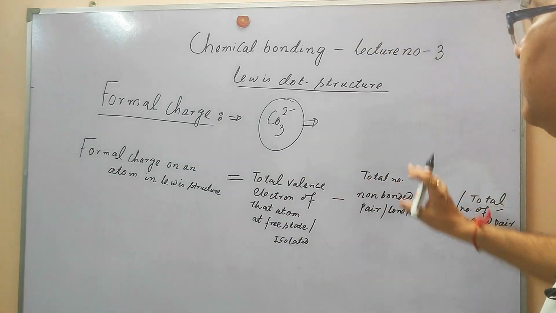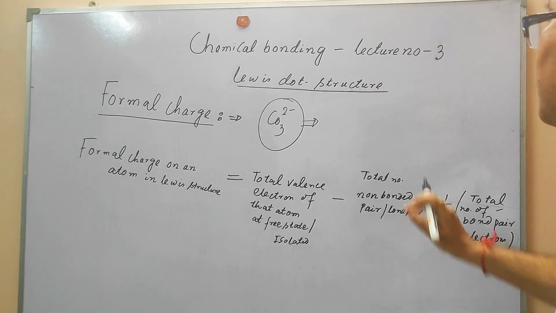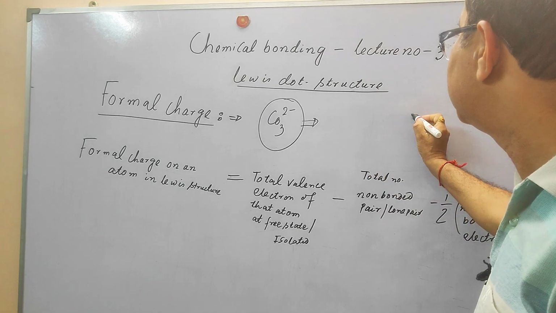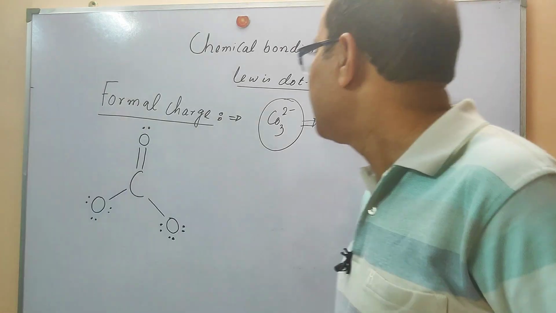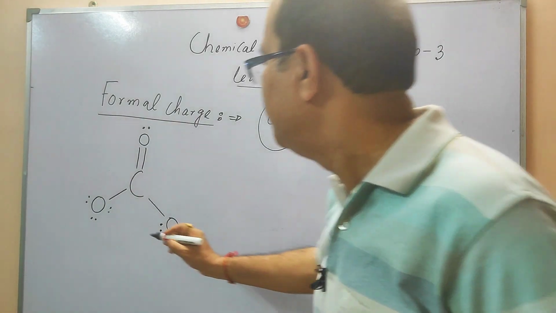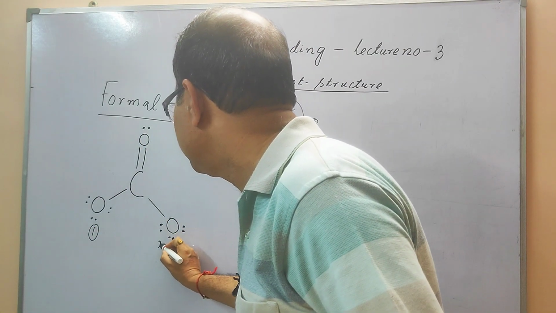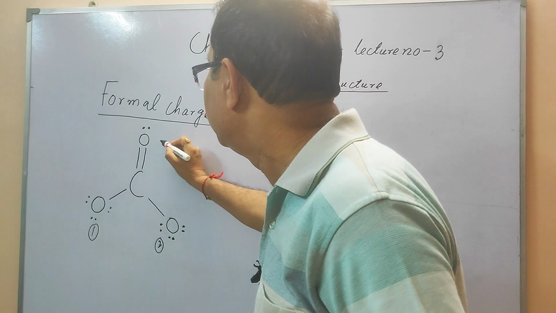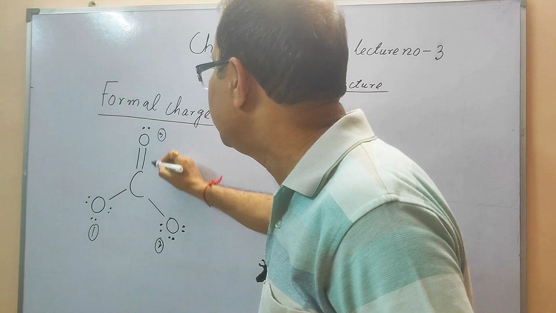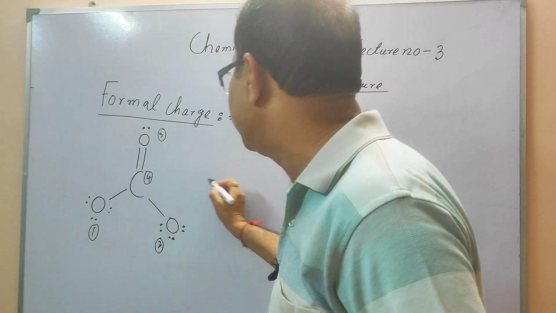From this you can get the formal charge. So let us understand this for the carbonate ion. We have to calculate the formal charges. This is one position of oxygen, and this is the carbon.